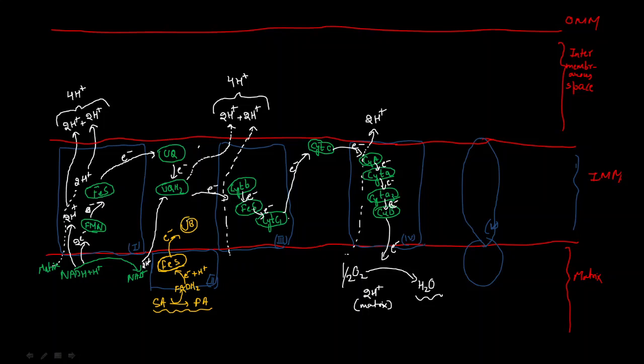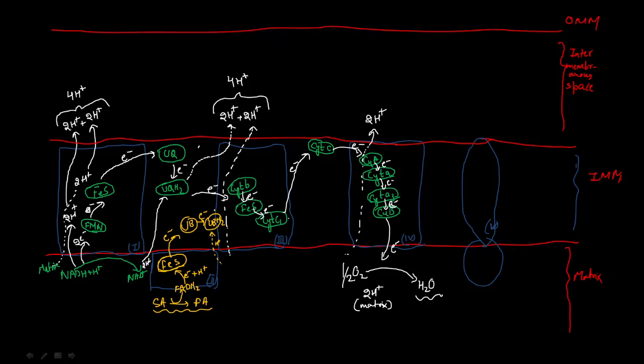This ubiquinone is going to get converted into ubiquinone H2, the reduced form of the ubiquinone, by accepting electron as well as proton from the matrix, just like we had discussed earlier as well.